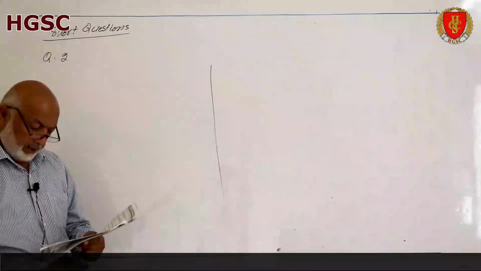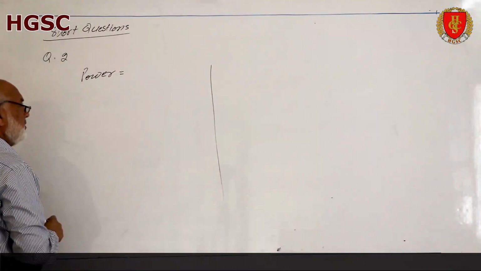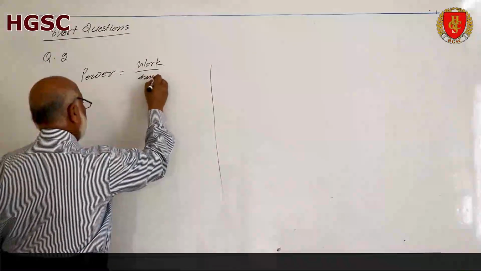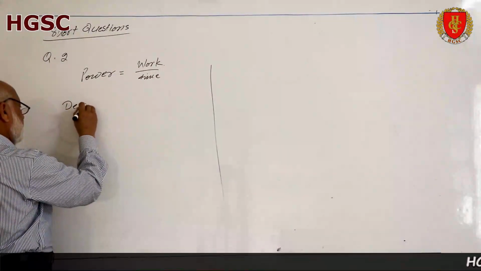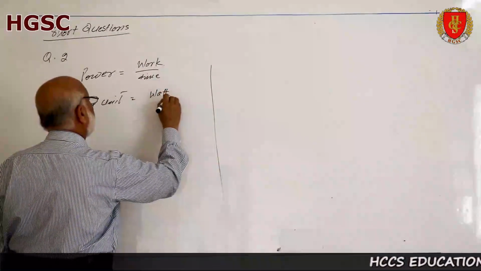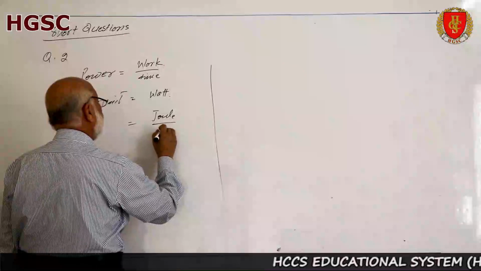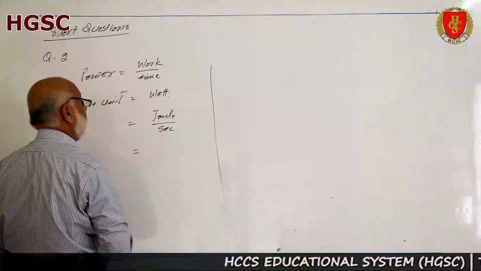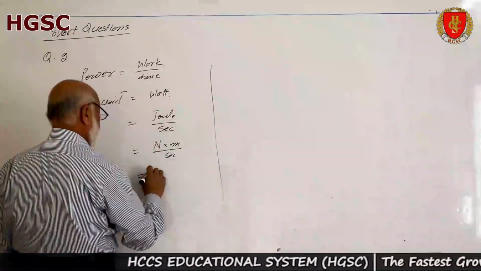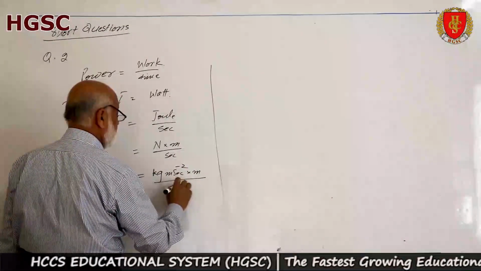This is the answer for the base units. Another quantity is power. Power is defined as rate of doing work, and this is work over time. Derived unit of power is watt. Since watt can be written as joules over time in seconds, joules is Newton into meter over seconds, Newton is kilogram meter second inverse square, into meter over second.